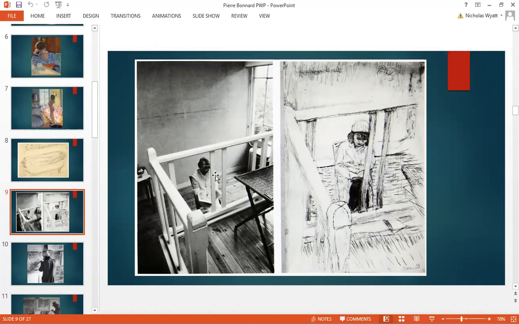I think this might be at Le Canet. Here's a photograph of her sitting down reading a magazine. So he would use photographic material in the paintings, but he'd also use drawings, his quick sketches. So here's a quick sketch.